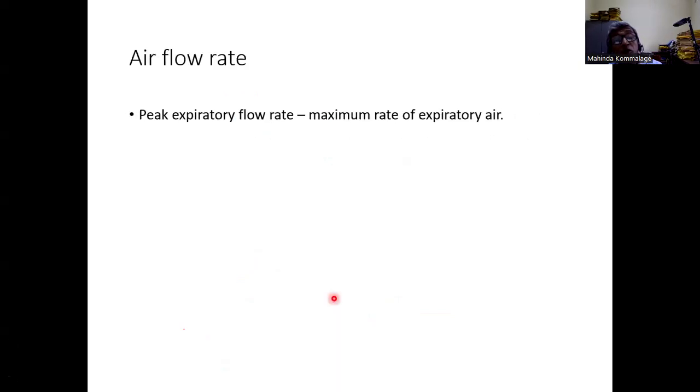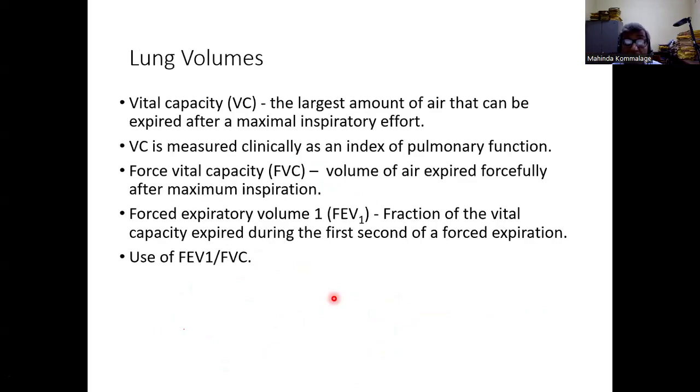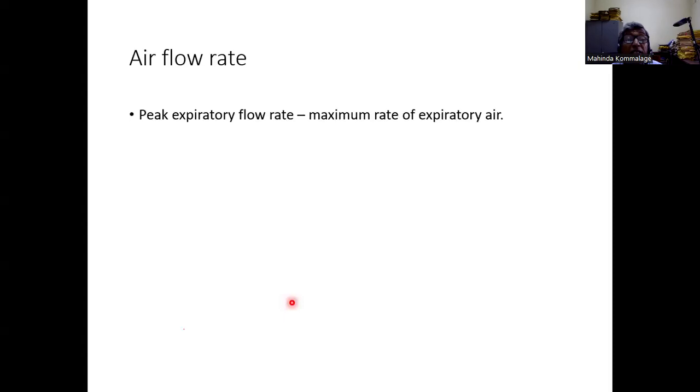Right. So in addition to that, there's some other thing. We can measure the rate. In all these, we measure the volume, milliliters. But here we can measure the rate, that means volume per time. For example, we can ask the patient to take a deep breath and forcefully expirate, and measure the rate of the airflow.